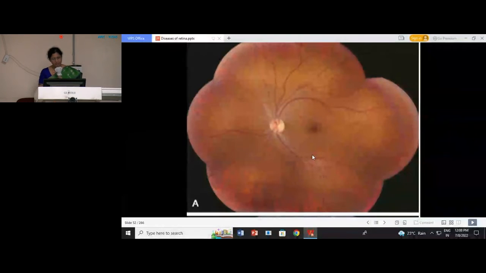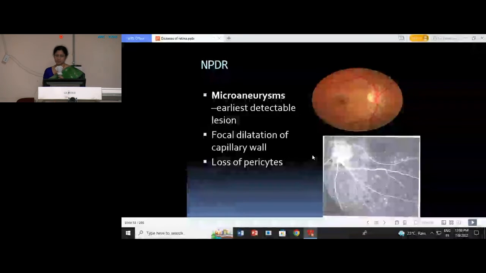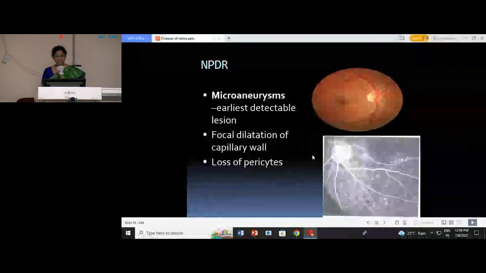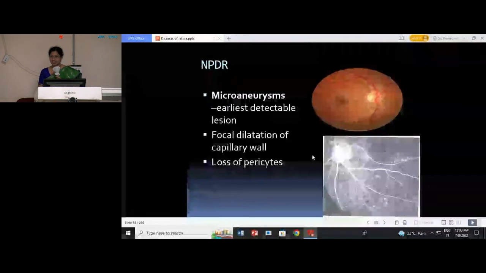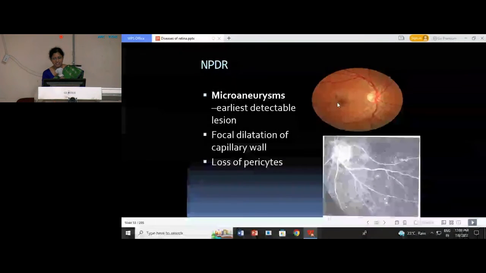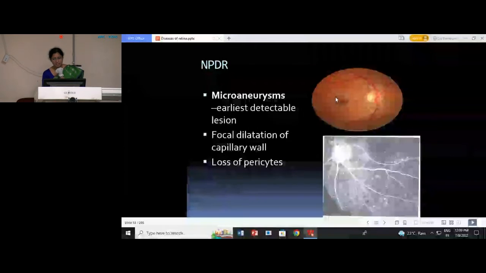Then in non-proliferative diabetic retinopathy, what are all the lesions that we get? The first one is the microaneurysms. They are the earliest detectable lesions, focal dilatation of the capillary wall due to loss of pericytes. Are you able to see these small dot-like red lesions here? That is the microaneurysm, and this is the retinal hemorrhage.